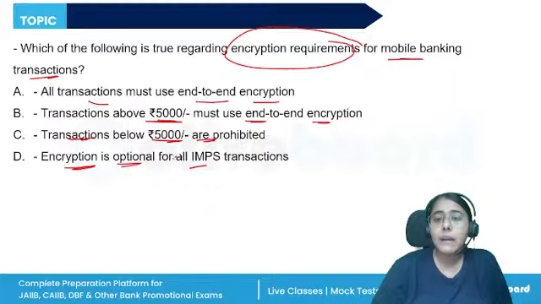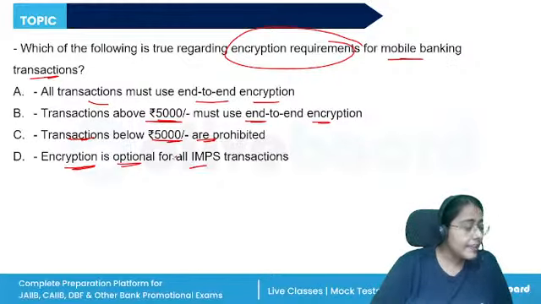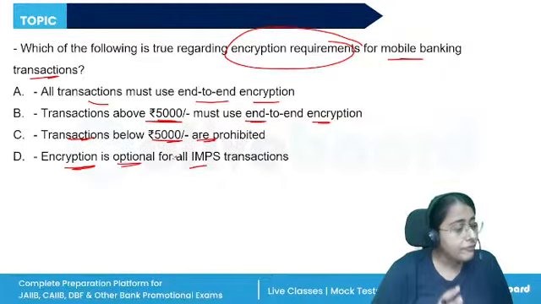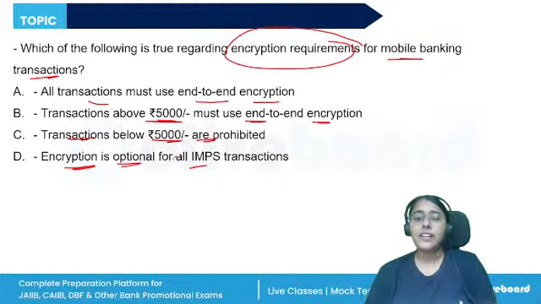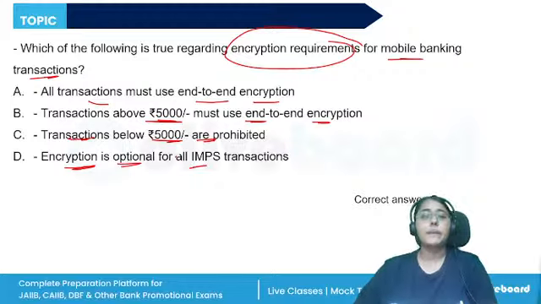When we are talking about the encryption standard, a transaction limit of 50,000 per customer per day has been mandated, right? And the encryption is there for transactions above 5,000 rupees. The banks can facilitate transactions up to 5,000 rupees without end-to-end encryption. Above that, encryption is required.